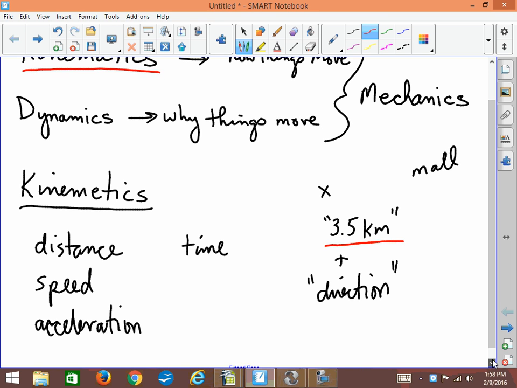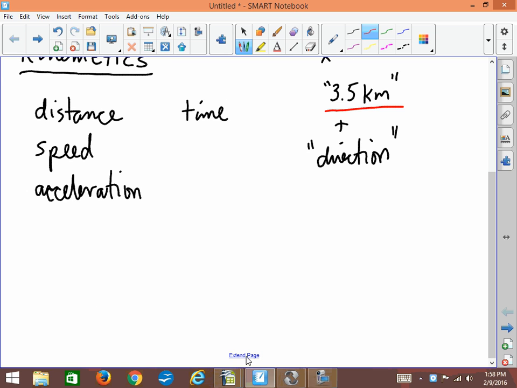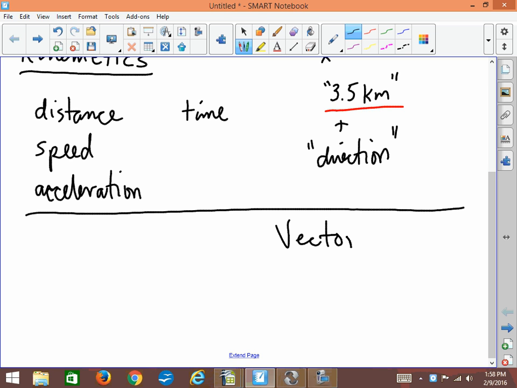If we're looking for a new kind of number that can express both direction and amount, then we need to consider what we call a vector. So I'm going to put vector over here, and we're going to compare it to the numbers that we are used to, which are just amounts. Those have a name too. They're called scalars. So a scalar is just an amount.